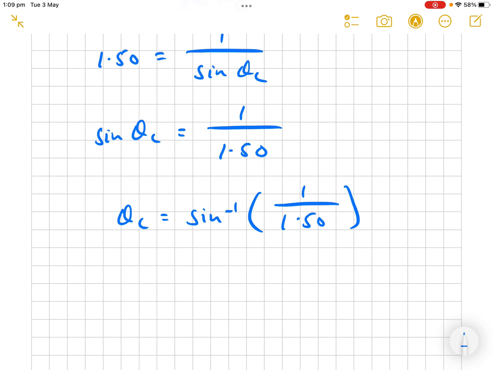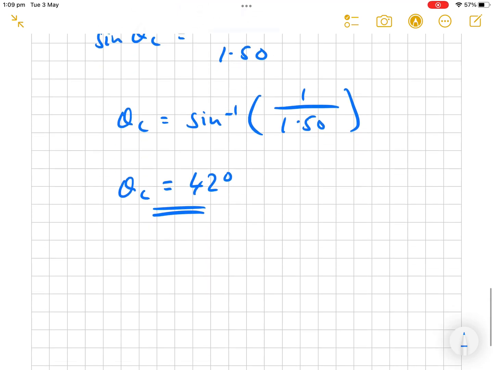When you're calculating this, do it exactly as shown. Don't do any rounding prior to getting the theta critical calculated. Just type everything into the calculator and you'll find, only round at the last line, that the critical angle in this glass is about 42 degrees.